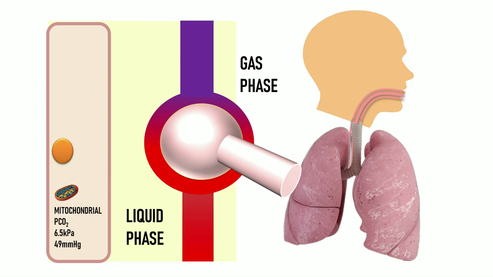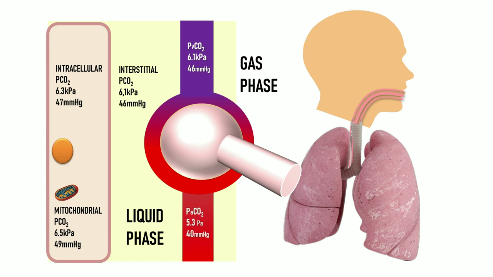The mitochondrial PCO2 is 6.5 kilopascals or 49 millimeters of mercury. The intracellular PCO2 is 6.3 kilopascals or 47 millimeters of mercury. The interstitial and venous CO2 are more or less the same at 6.1 kilopascals or 46 millimeters of mercury.